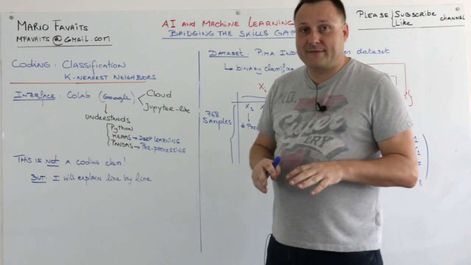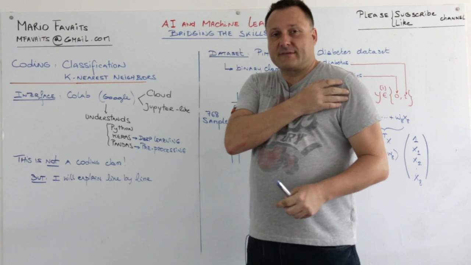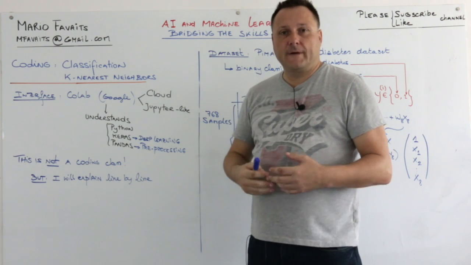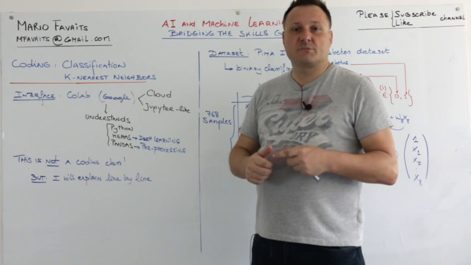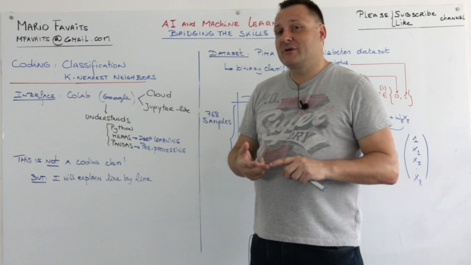Just wanted to stress, this is not a coding class. I would suggest, if you don't have any experience with coding, to take a few lectures on YouTube. You should know what object-oriented programming is. You should know what a list is or a dictionary.